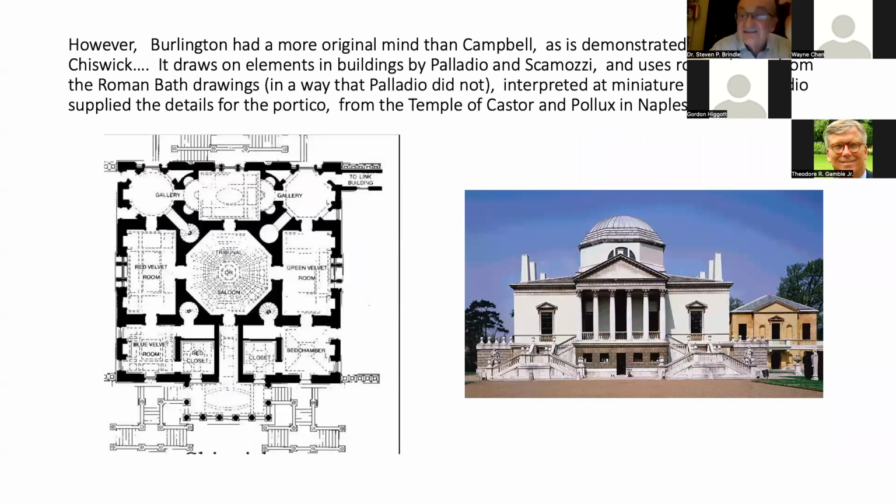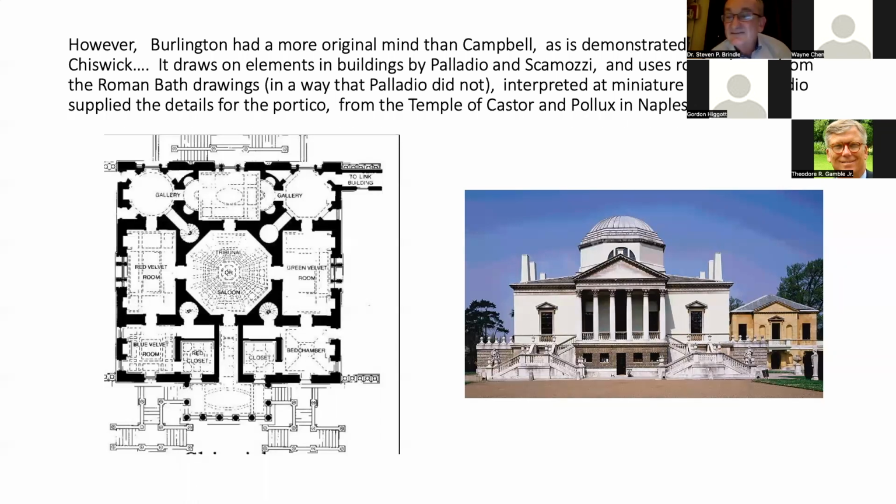And we also see this when we come to his house, this very famous building, which is often taken to be a Palladian villa because it has the sort of shape of a Palladian villa. Actually, it uses villa forms by Scamozzi as much as by Palladio, and scholars like Richard Hewlings have analysed the source of Chiswick and found actually that the sources are from lots of places. But certainly there are things which Burlington has got through Palladio.